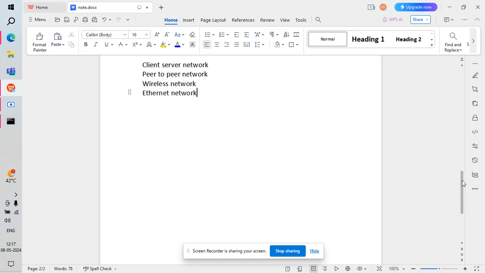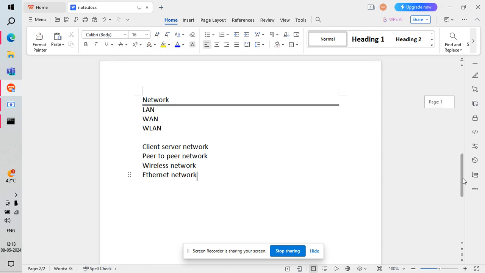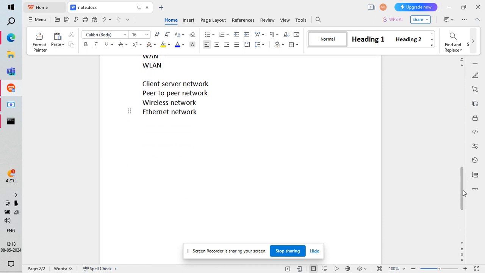They can also be built using various hardware components, software protocols, and network architecture, depending on the specific requirements of the environment and the desired level of performance, security, and scalability. So overall, a network is an interconnection of devices or nodes.